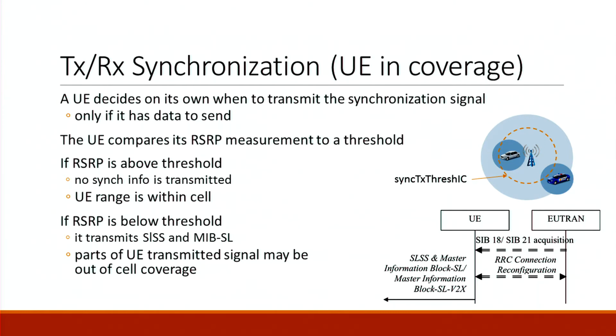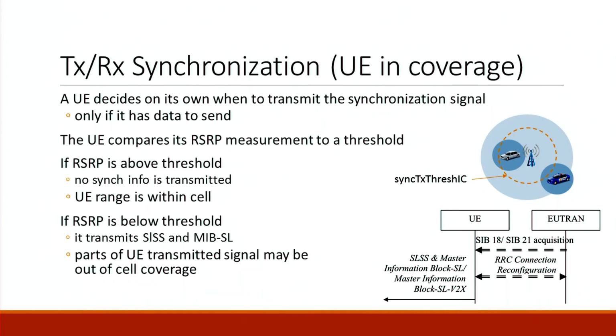Because you see, if you are inside the coverage of an eNode B, that doesn't necessarily mean you may not act as a syncref UE for an out-of-coverage car. But if you hear the eNode B very well, likely you are far from the cell edge. So you are not really likely to become a syncref UE because you are far from the cell edge, and you will never be able to hear someone who is out of a cell edge. So that won't work for you.